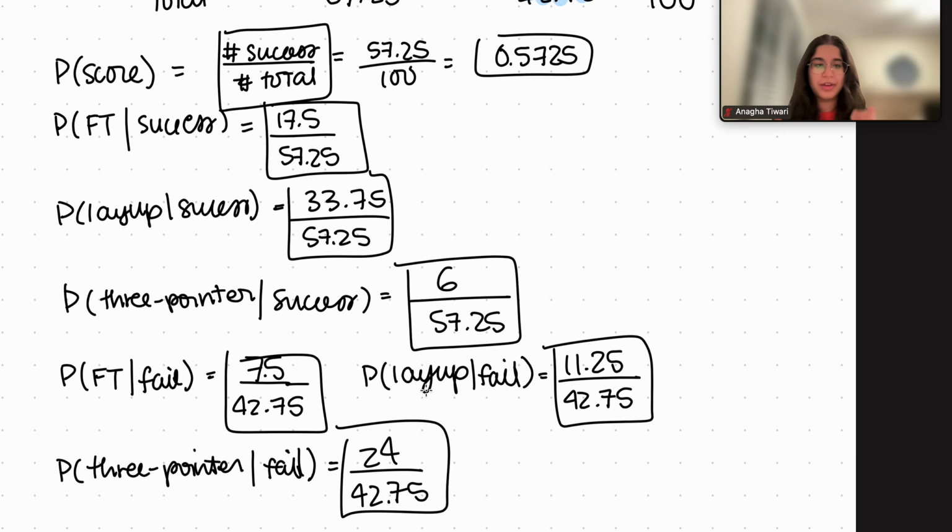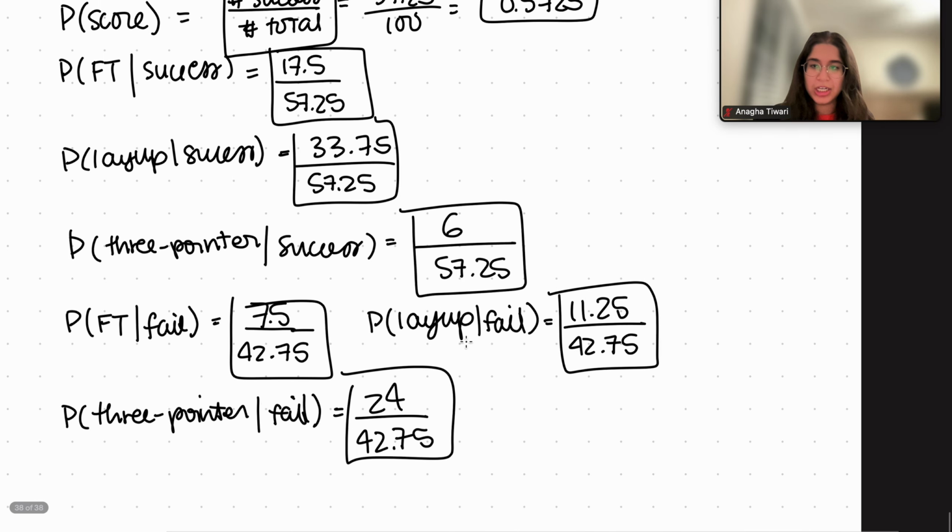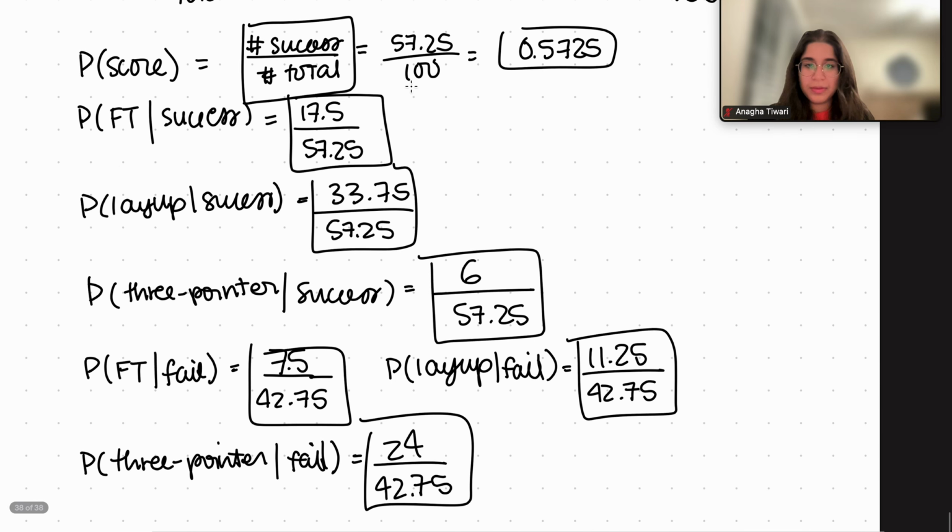And if you view this probability with context, three-pointers are usually more challenging to get. So you know that the probability of a three-pointer, given that it was a failure, is going to be higher than the probability of a three-pointer, given that it was a success, right? So once you really start to understand conditional probabilities, it's a good idea to check your final probability to make sure that it makes sense in the context of the question.